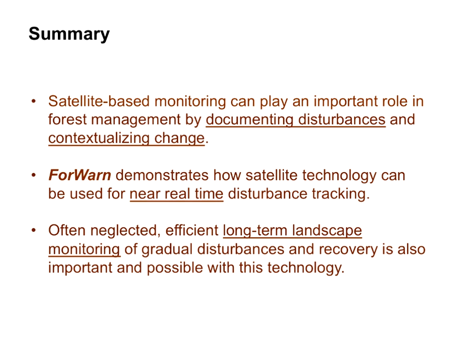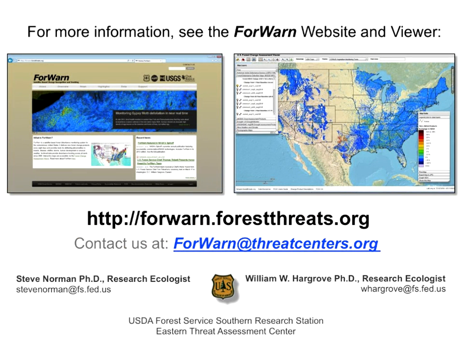And very importantly, something that's often neglected, not just knowing where the disturbances are, but knowing what happens afterwards is an especially exciting aspect of this technology. Long-term landscape monitoring of these slow disturbances and how they recover and how they might change over years to decades is important and possible with this technology.